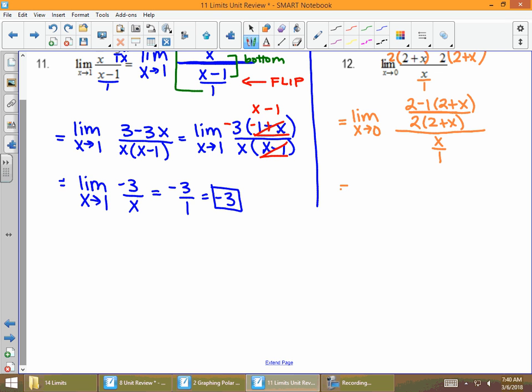I'm just going to keep going to get as simple of a fraction on top as I can before I go any further. So I'm going to distribute that negative: 2 minus 2 minus x. And my 2's are going to cancel there, so I'm just going to end up with a negative x on top.